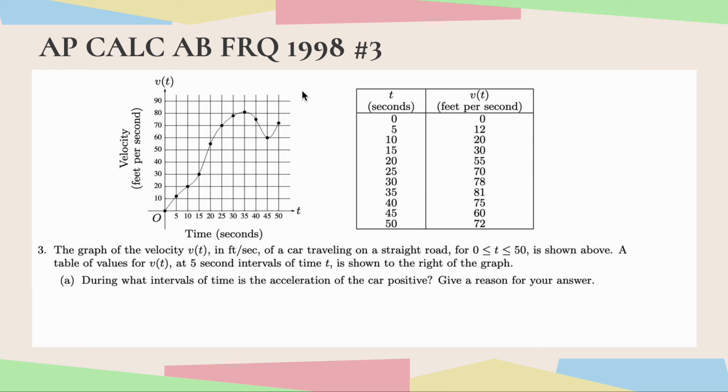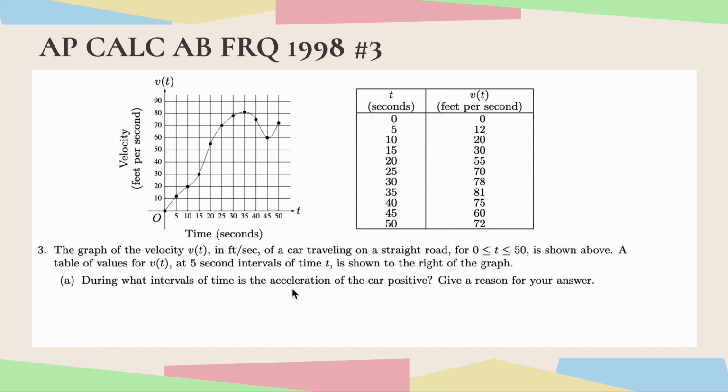So this question says, during what intervals of time is the acceleration of the car positive? Give a reason for your answer. Answering this type of question is exactly why I like to keep my slope in mind when I'm looking at the graph. So the acceleration is the derivative of the velocity. Another way of saying that is that the slope of the velocity gives the acceleration.